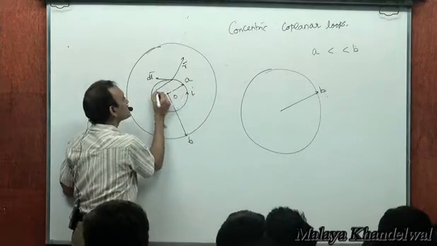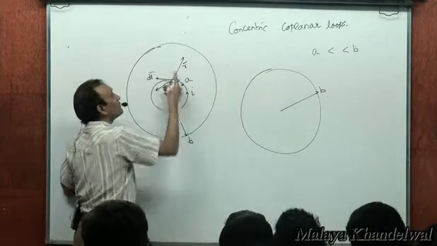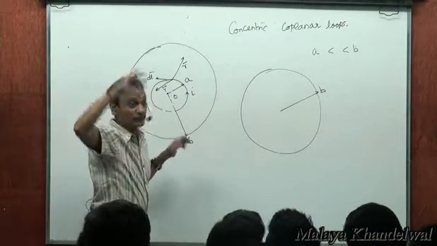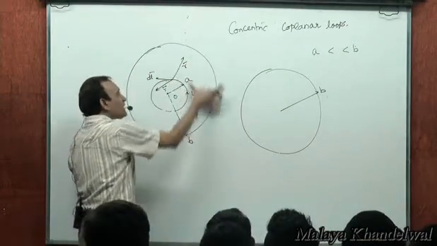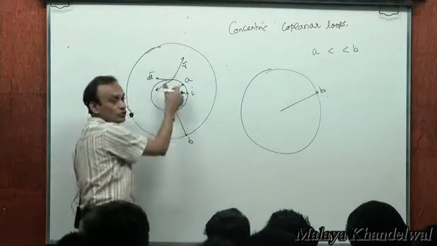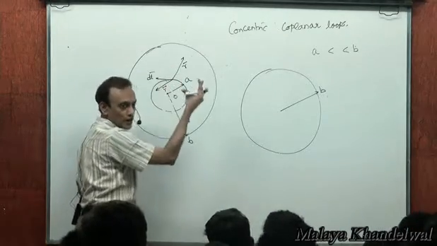So if I look at an r here, then this dl cross r would be out of the plane of the loop. So for this sense of the current, in the annulus the flux is into, in this region the flux is out.